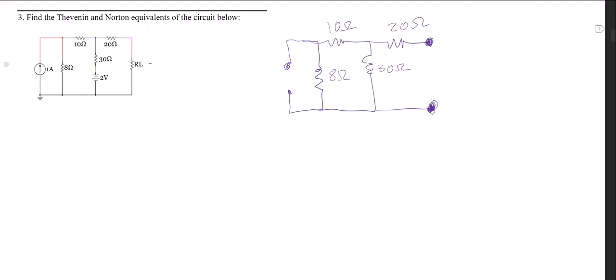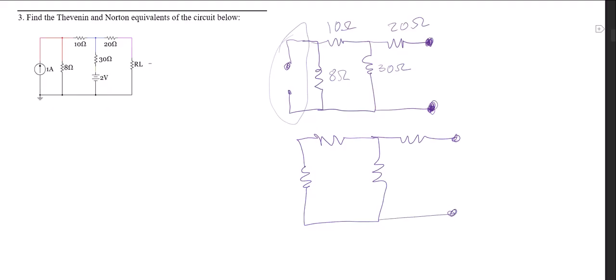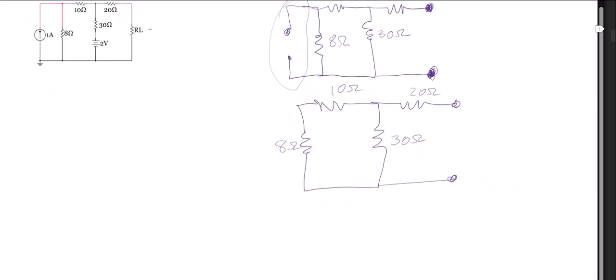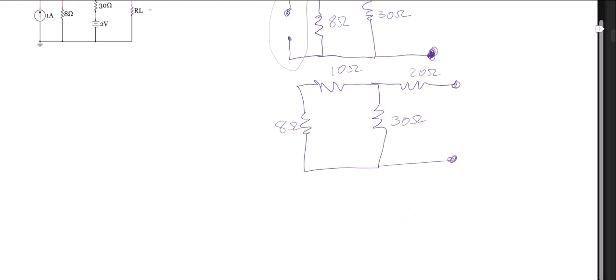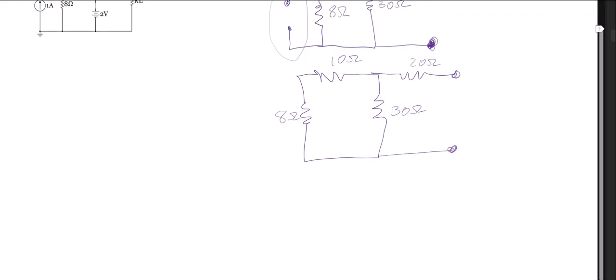So first of all, we see that this open circuit right here is irrelevant, and so really our circuit looks like this. And from this, it is easy to see that the 10 ohm resistor and 8 ohm resistor are in series. And so I can rewrite this as, now the way I'm going to draw it is going to make it obvious whether it's in parallel or in series with the 30.